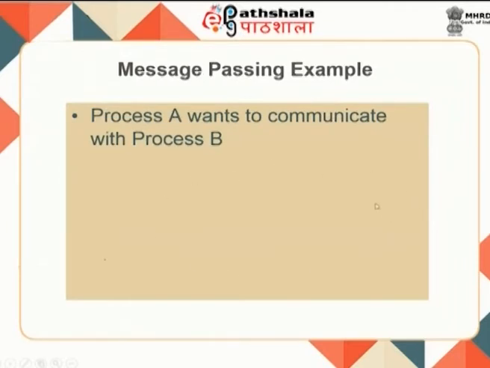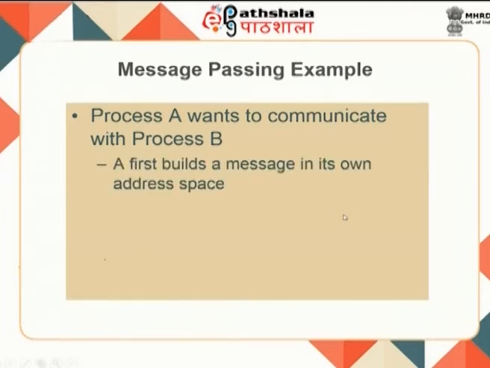Here is a simple example of the message passing mechanism. Assume that there is a process A which is running in some machine, and another process B which is running in a different machine, and these two are trying to communicate with each other. First, A has to build a message, because this is not simple data; it has to go through the process of building a message and putting it in a certain format, and such intricacies we will discuss later on.